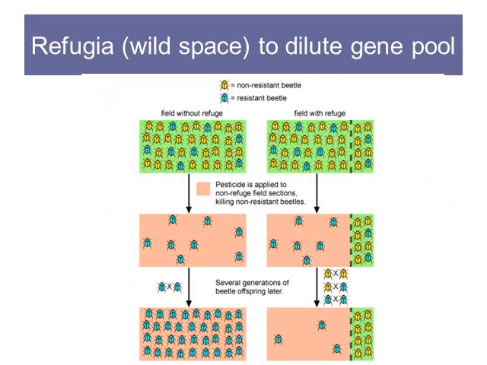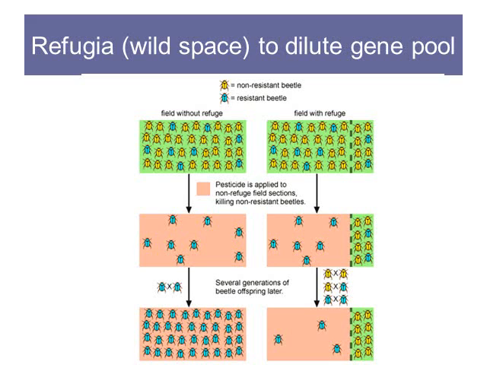Another way is to also have this, and we saw in the previous slide that you had these hedgerows, these bushes near the field. What it does is it makes this dilute gene pool.